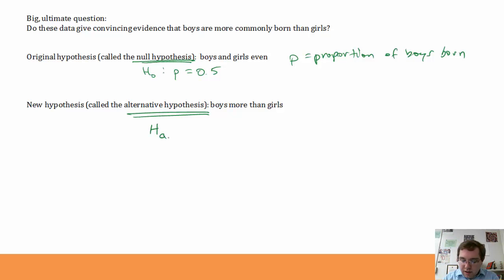So H sub A, the alternative hypothesis, is that P, the proportion of boys, is actually greater than 0.5. It's not 0.5. It's something bigger, because our sample had a proportion of boys bigger than 0.5. A hypothesis test always starts with those two hypotheses, where the alternative is suggested by the sample that we've taken.